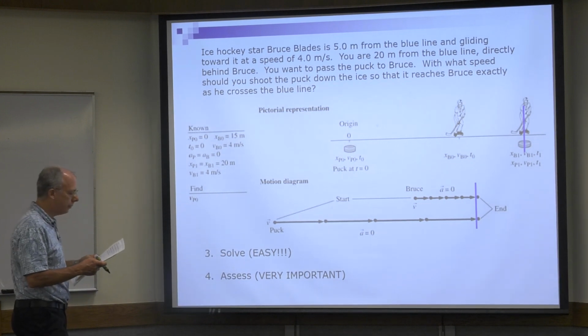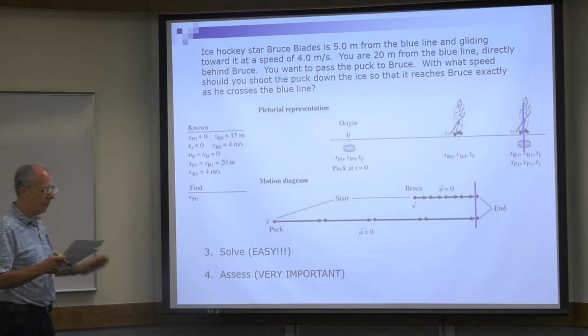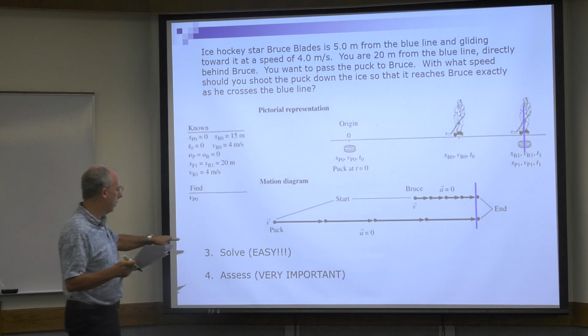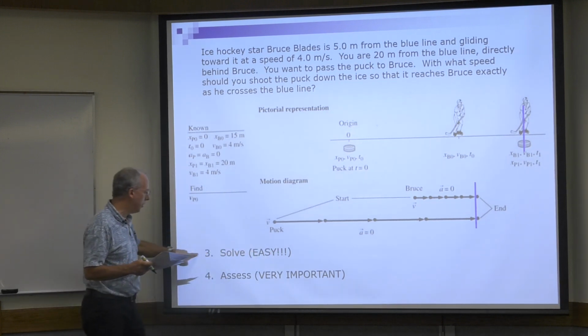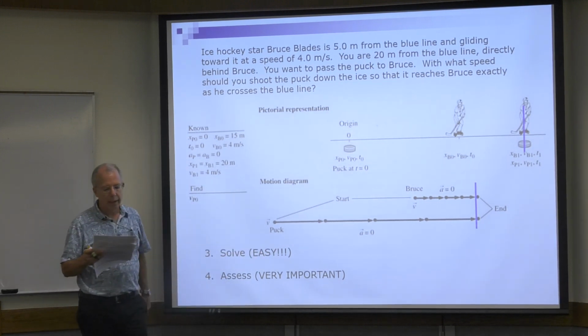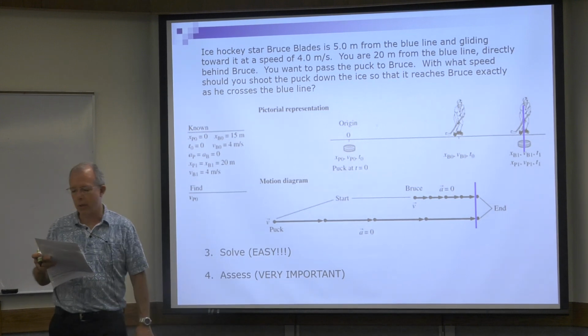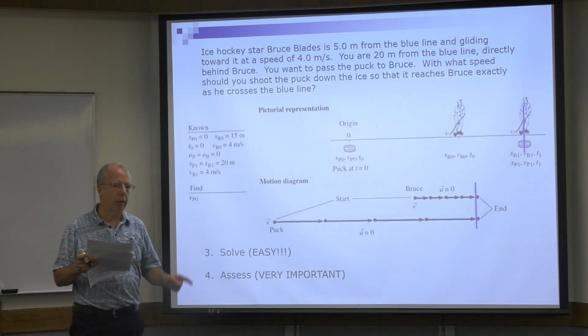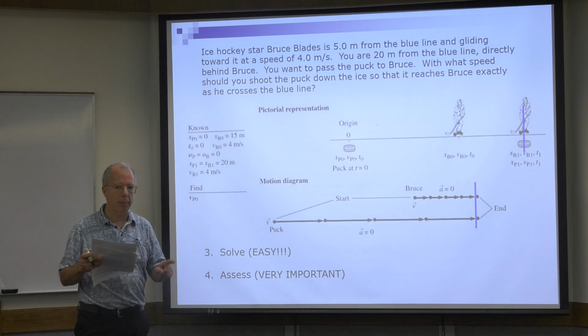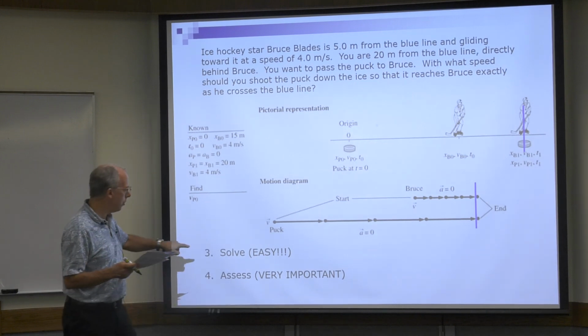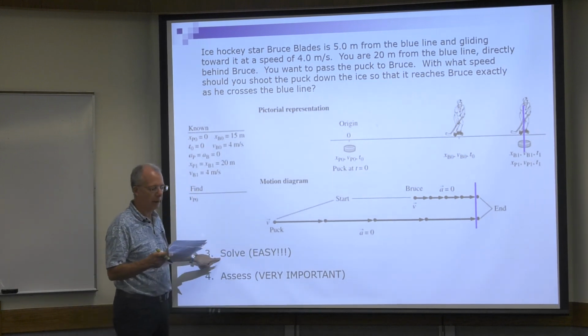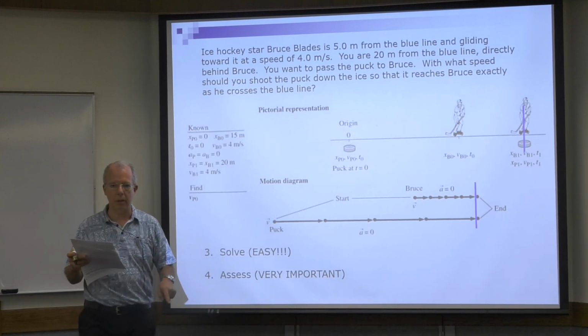All right. Now, something else which is important. You're going to have an equation here, right? One of those kinematic equations. The best problem solvers always wait until the very, very end before they plug in their numbers. So you always want to work with the variables, okay? And then you plug in your numbers last.